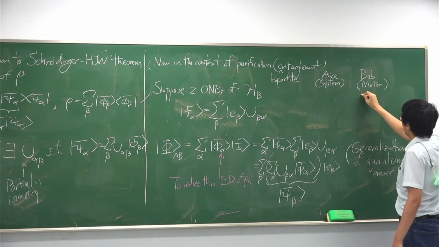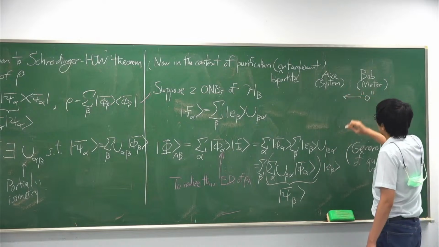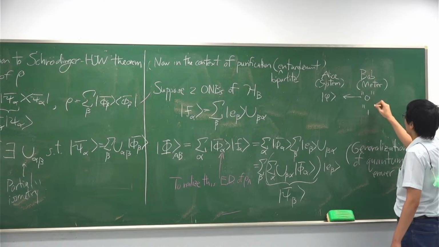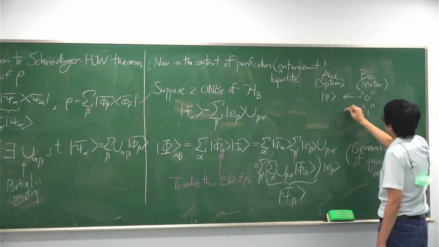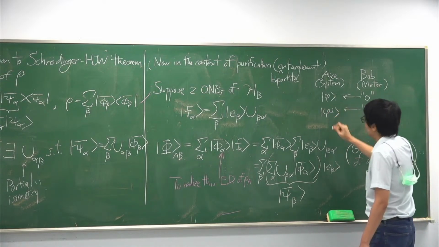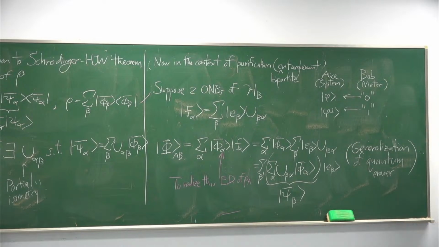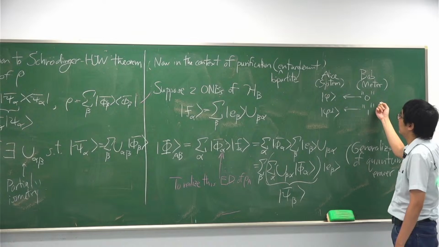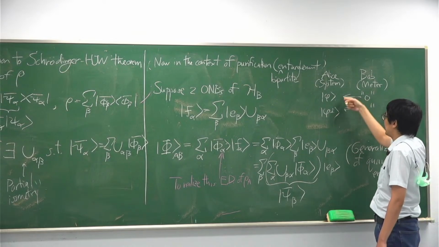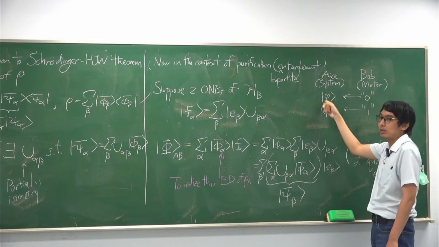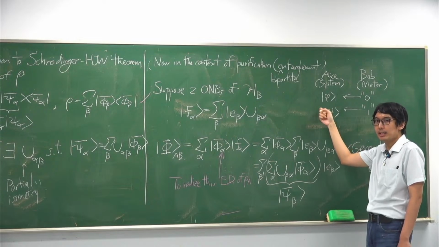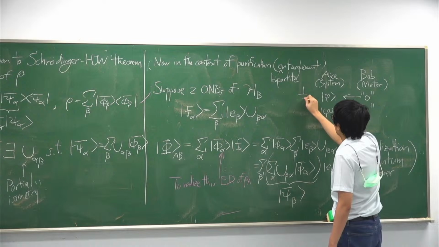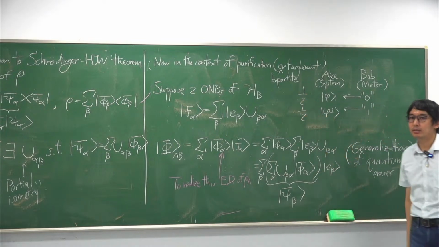If Bob finds the result 1, then the state is the orthogonal state, right? And so in the quantum eraser scenario, Bob realizes the ensemble decomposition of the maximally mixed state of Alice, in this ensemble with probability 1/2 and 1/2.